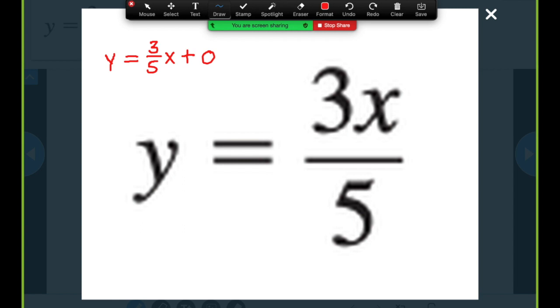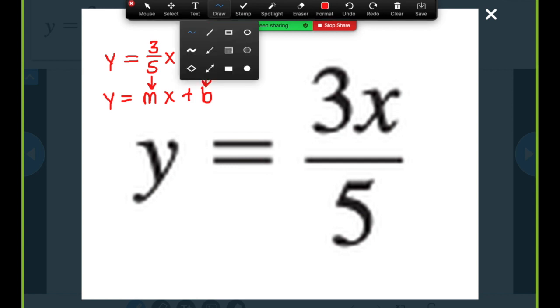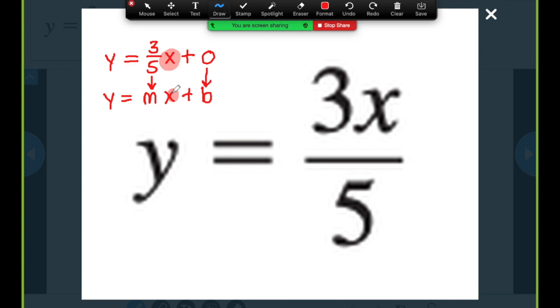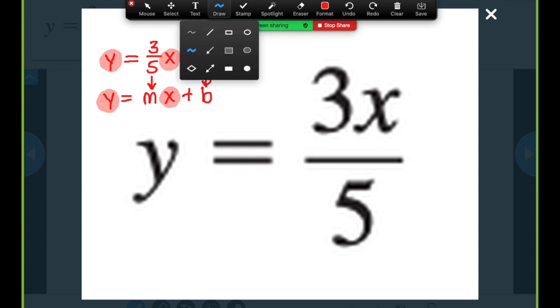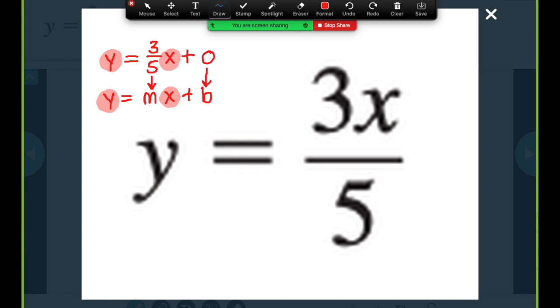And when I do that, if I were to write down y equals mx plus b, I see that I have a number shown for my m, I have a number shown for my b. I also have the same variables x and y. And so because of this, I can say that yes, this is a linear function.